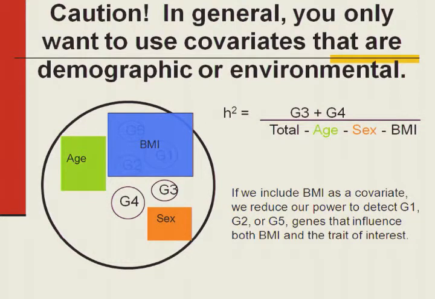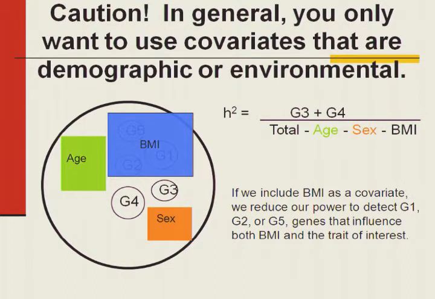But from my perspective, I was afraid that the correlations between those two traits might be due to pleiotropy. And if the correlations between those traits are due to pleiotropy, by including that as a covariate, I'm potentially decreasing my power to find those pleiotropic loci. That's really the issue. But there may be cases where I say, I'm not interested in just any locus that influences my trait. I'm interested in loci that are obesity independent. And that is my specific hypothesis. Then this is helping me.